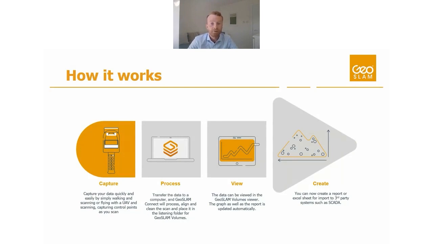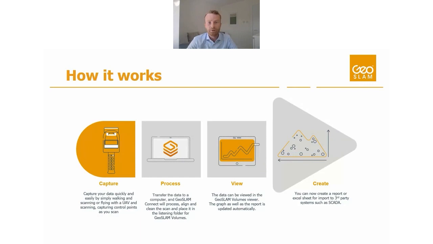So the third step is viewing the data in GeoSLAM Volumes, where we can view a graphical and tabular report on our stockpile and tonnage results, and be able to track our volume and tonnage over time.